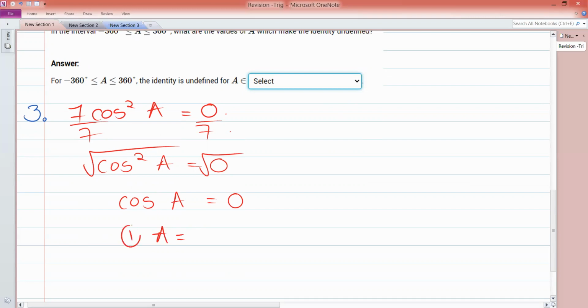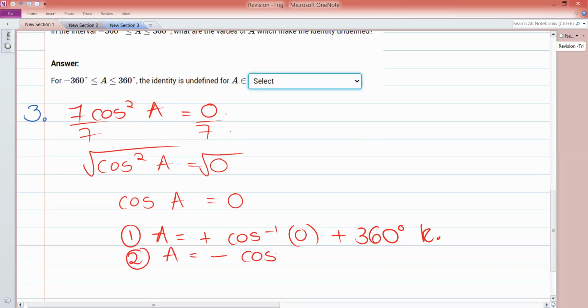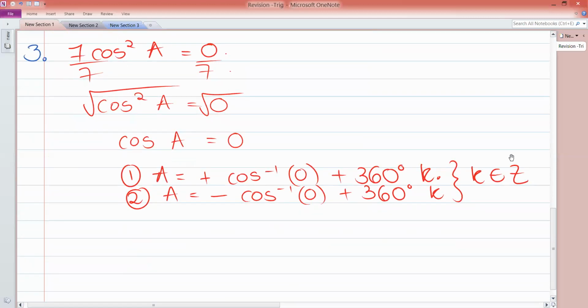So the first one is positive inverse cos 0 plus your period, 360 degrees K. The second one is going to be negative inverse cos 0 plus 360 K. And remember, K is an integer. Let's go ahead and solve further.